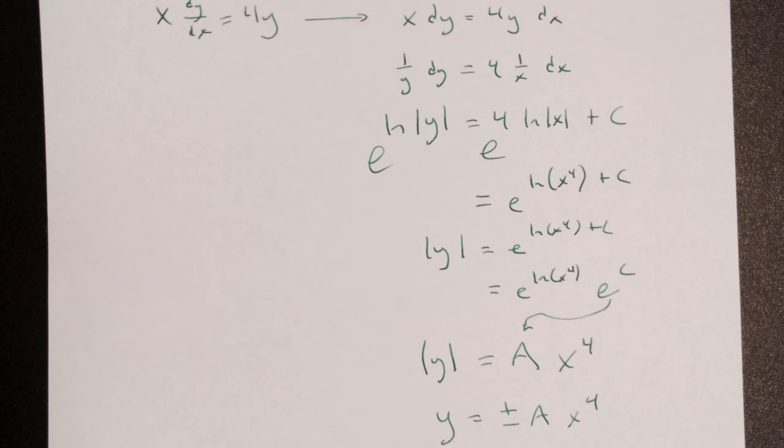Oh, because when you take something and raise it to the fourth power, regardless of whether it's negative or positive, you're raising it to an even power, the result's going to be positive. So I don't need the absolute value anymore.